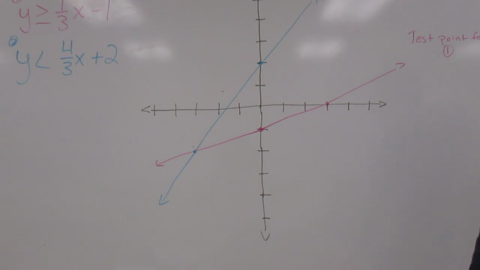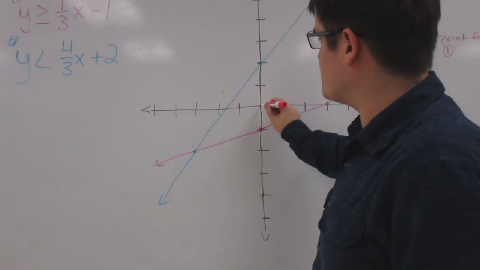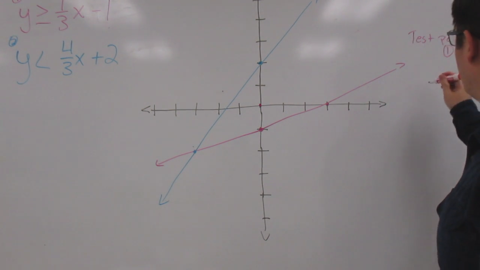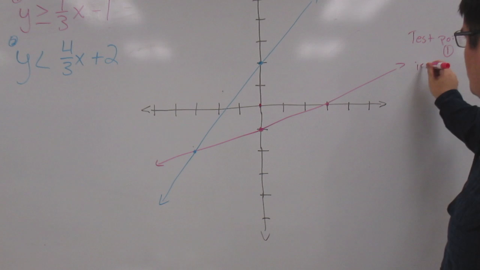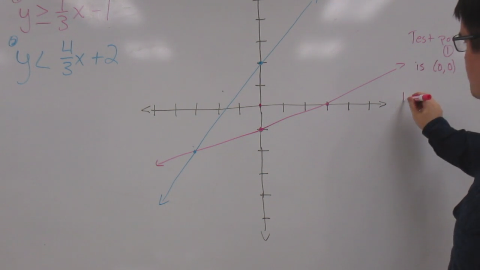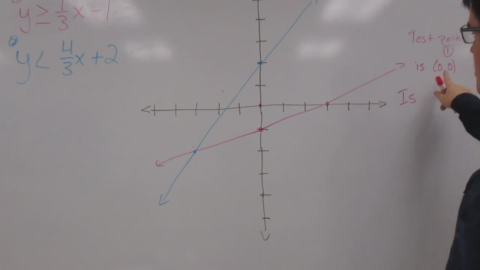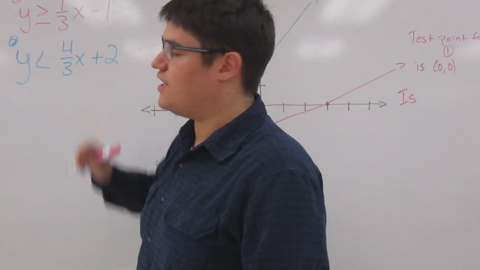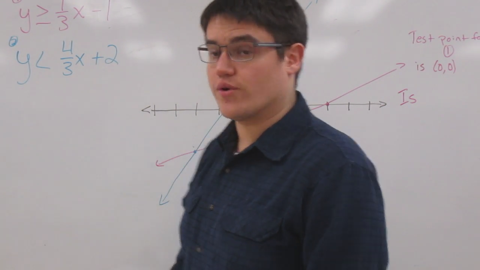The test point for my pink line, usually a good test point is the origin, and we're going to see if that's part of our solution set. So a test point for 1 is 0, 0. Now I'm going to take that test point of 0, 0 and substitute it into my inequality and see if it's true.